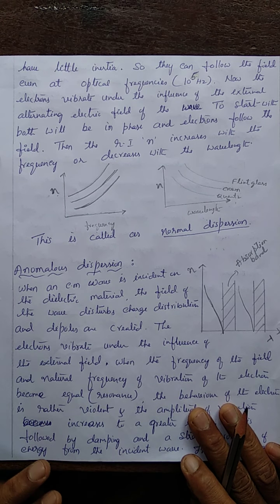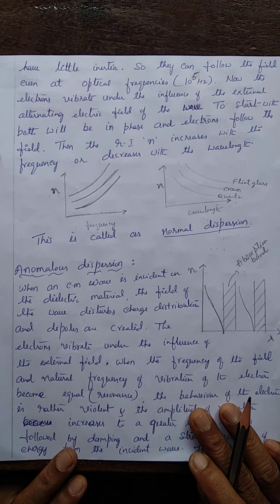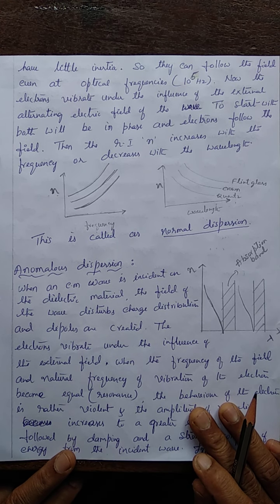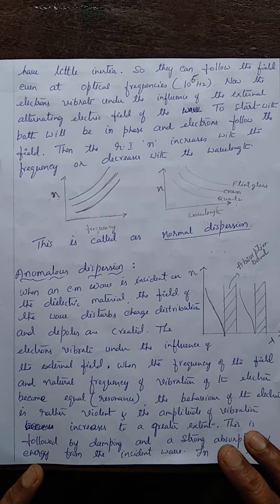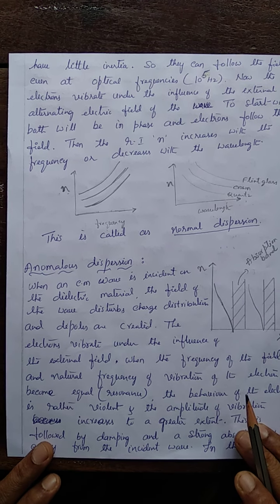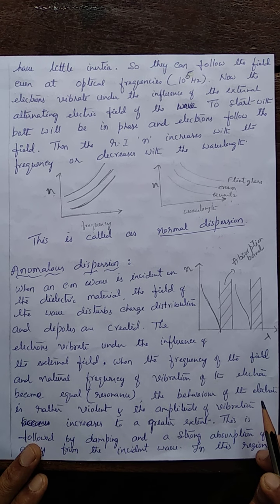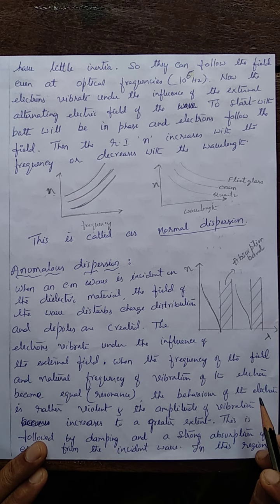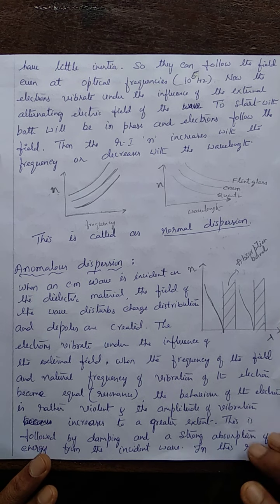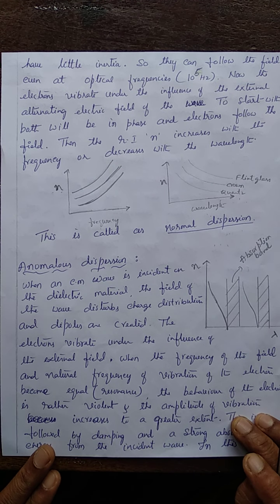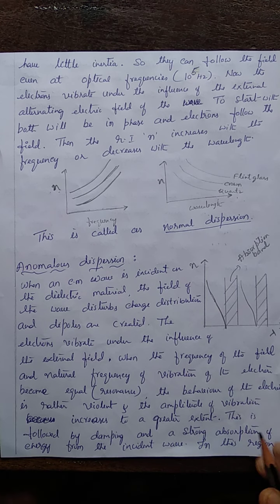Then, as the frequency of vibration of the electron increases, at a certain stage it reaches the value where the phenomenon called resonance occurs. At resonance, the frequency of vibration of the electron and that of the electromagnetic wave become equal.